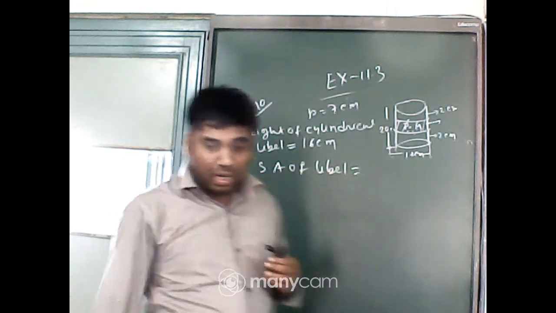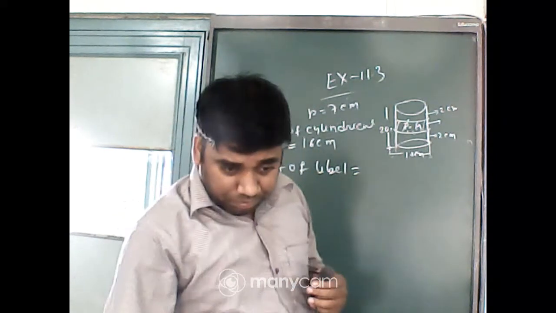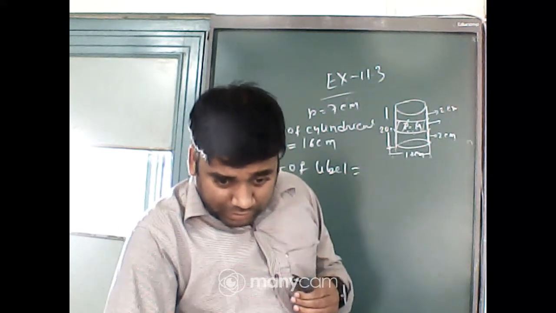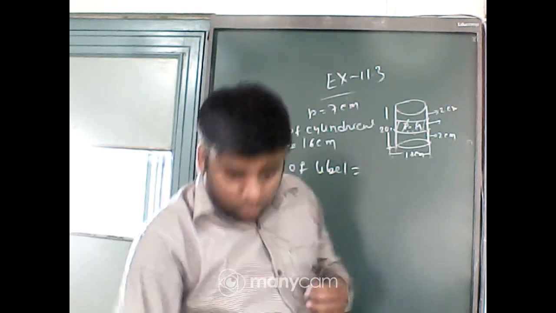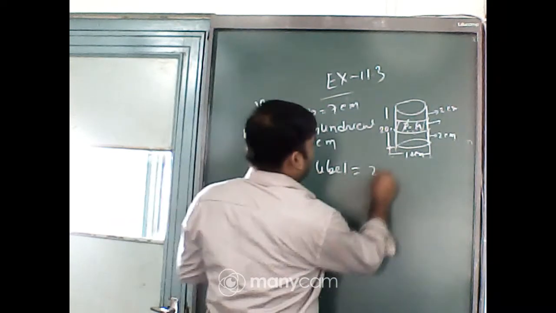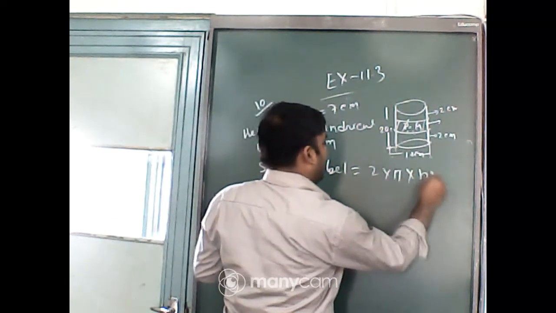Formula, what is the formula? Quickly. Ishita, okay, 16 centimeter, very good. 2 pi r h, that is 2 into pi into r into h.